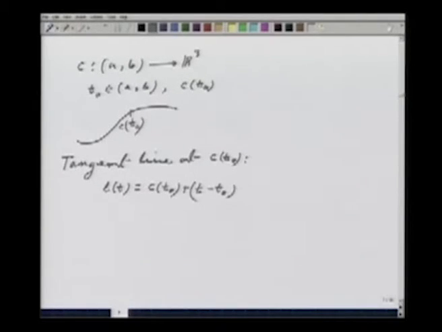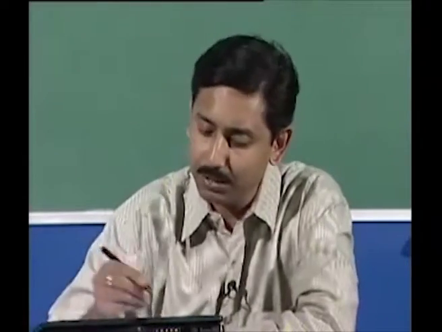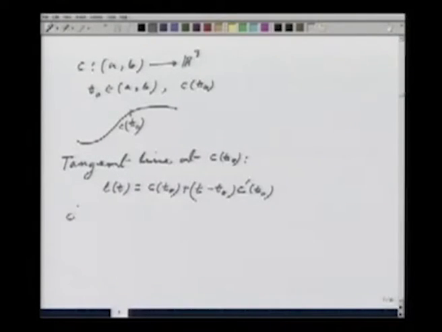So it is c of t naught plus t minus t naught times c prime t naught. So what I get is a line which passes through the point c of t naught, because if I put t equal to t naught, then L of t is equal to c of t naught, and the direction of the line is in the direction of the vector c prime t naught. That's why c prime t naught is called the tangent vector.